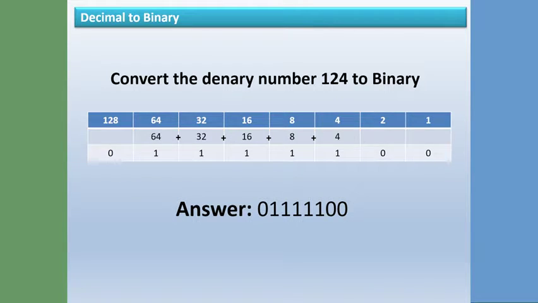And as you can see, under each column where we have a 1, that will form our binary number. The columns that we're not using, we will just fill in with a 0 to make it up to an 8-digit or 8-bit binary number.